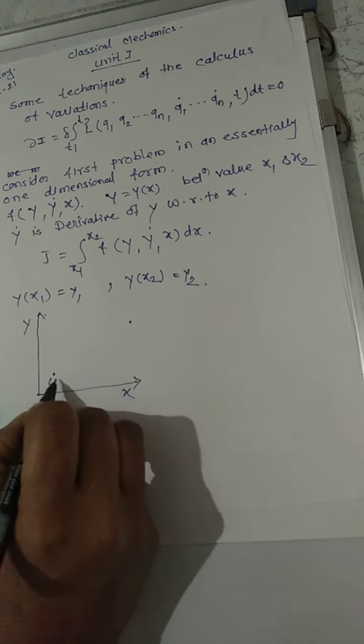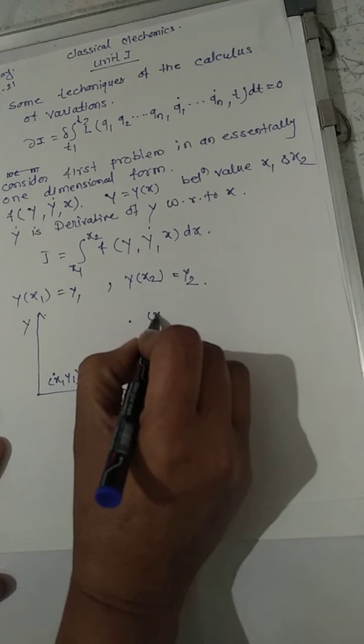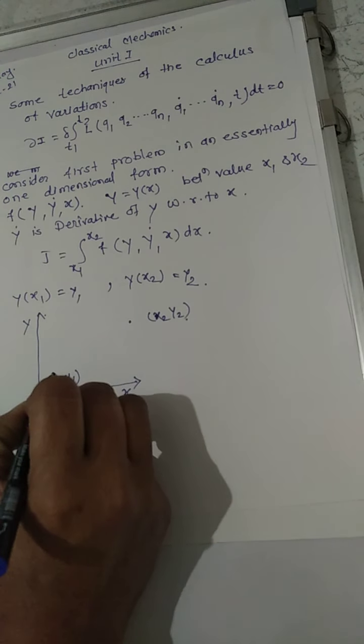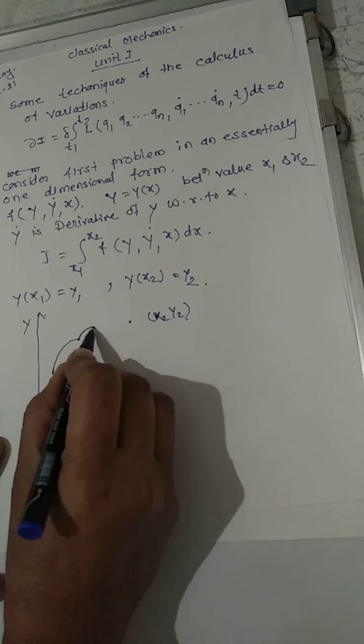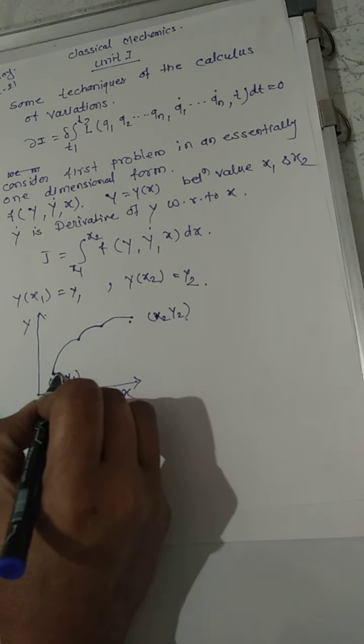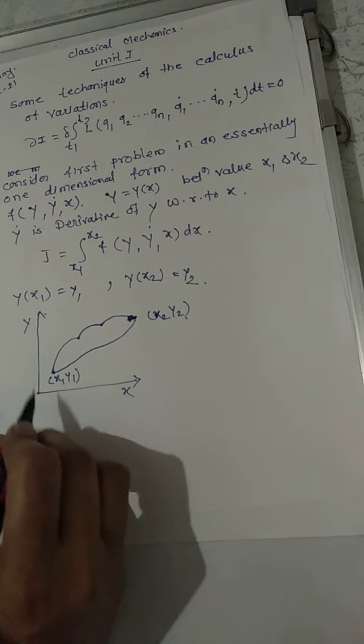The coordinates of this point are x1, y1 and this point is x2, y2. These 2 points are joined by the curve. This is figure 1.